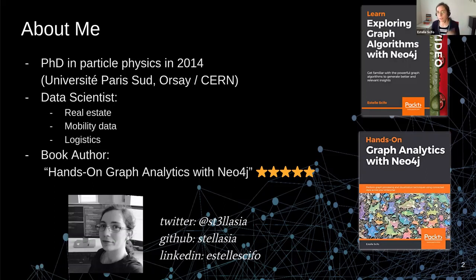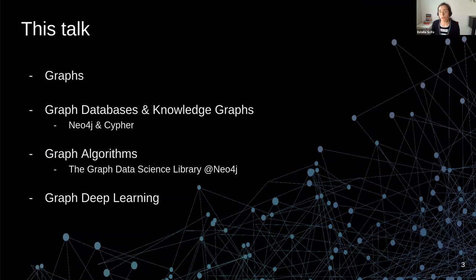And I'm using graph databases in different aspects of this work, to model a road network, for instance, for travel time estimation and stuff like this. You can find me on Twitter, on LinkedIn, and on those social media.